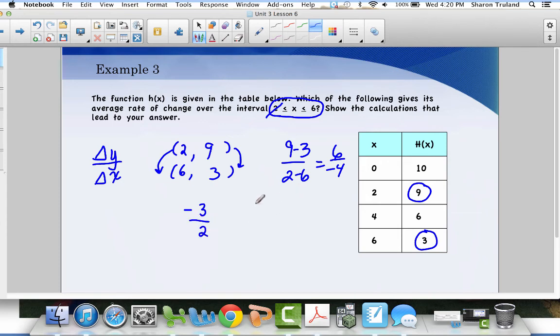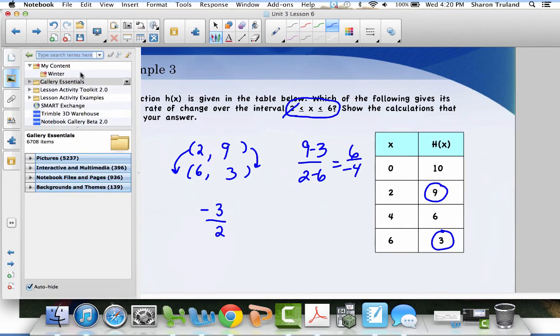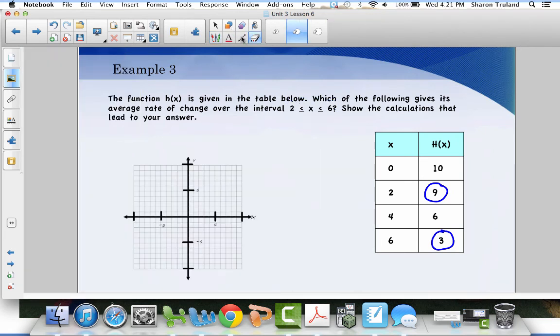So now if I really were to graph this, hopefully you can understand what this rate of change means. So I'm going to come over here, I'm going to pull out a graph. And if I were to graph these points, there's 0, 10, there's 2, 9, there's 4, 6, and here is 6, 1, 2, 3.